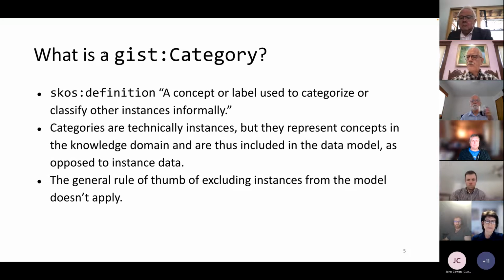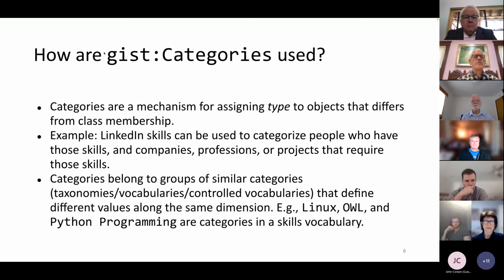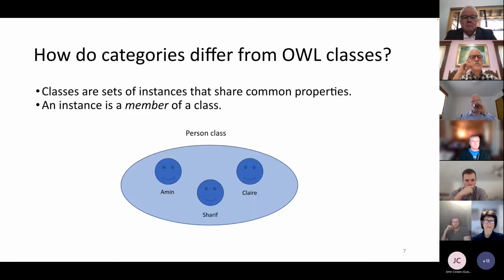So just very briefly, a GIST category is a concept or label used to categorize or classify other instances. They're instances, but they represent concepts in the knowledge domain and so are included in the model. They are used as a way of classifying instances in a lighter weight way than classes and then a series of subclasses.